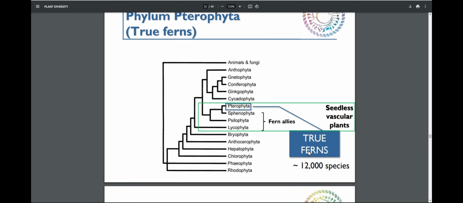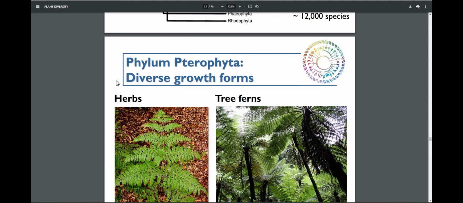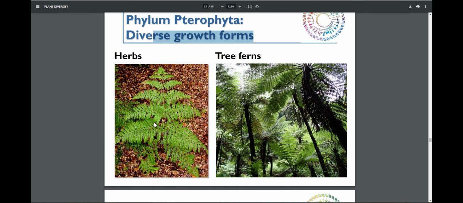Not too important. Finally, we've reached the ferns, the true ferns themselves. Right. There are many different growth forms for ferns. There's the iconic herb-like form with many different parts of leaves.